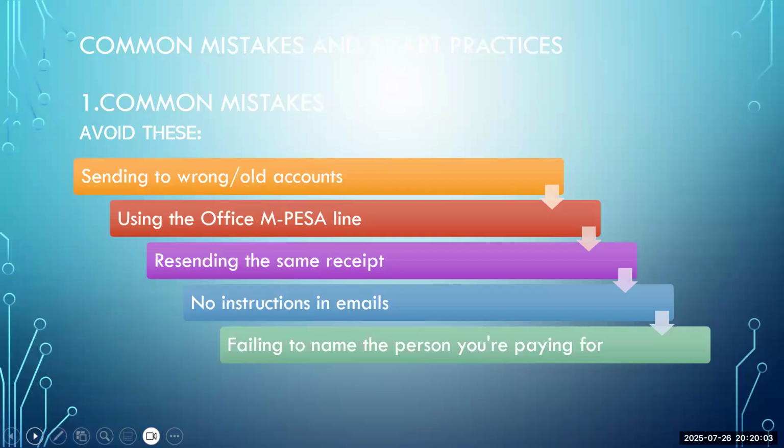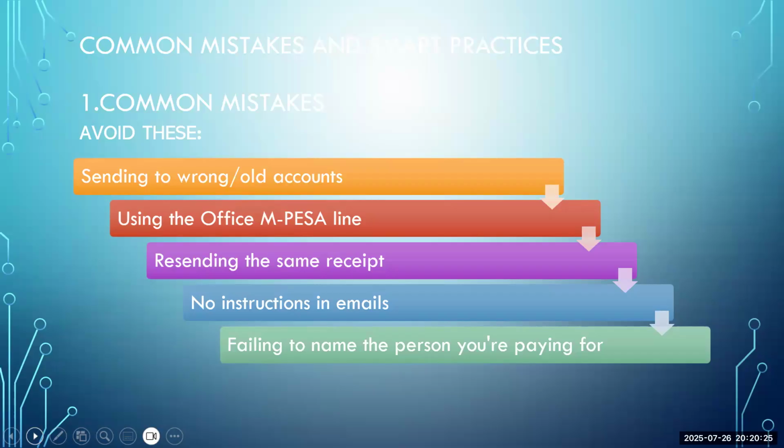Some common mistakes our members make are sending to wrong or old accounts. That is, we had the old bank account, and now we have the new bank account, which is on our platform.